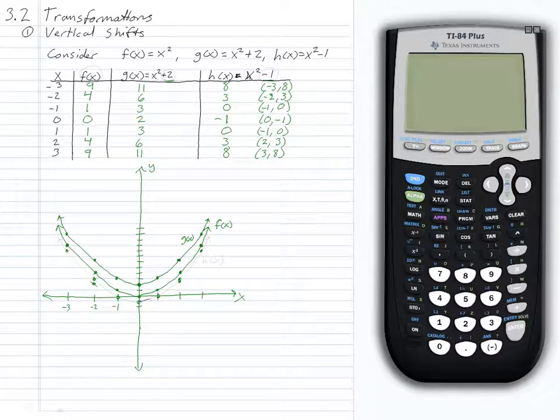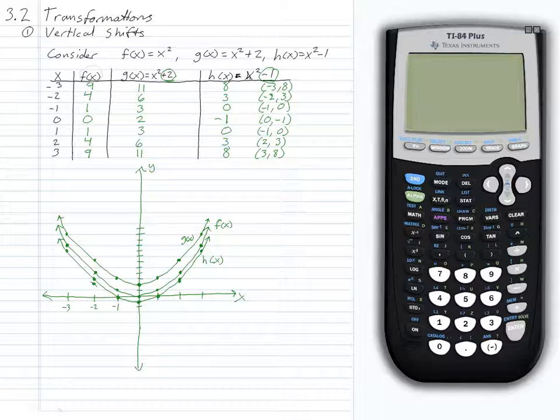So there we go. All of our graphs, and they look pretty much identical, but only different in their position on the xy plane. So there we have h of x graphed below f of x because we shifted down 1 unit, and g of x above our graph of f of x because we shifted it up 2 units.